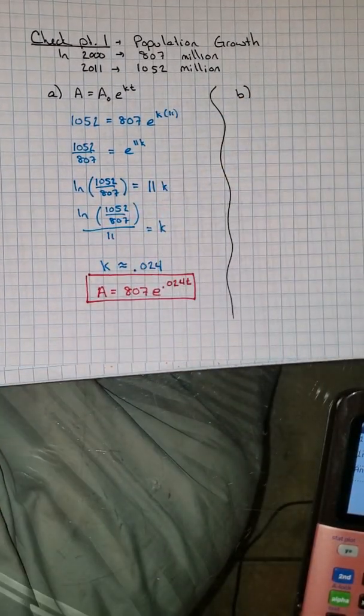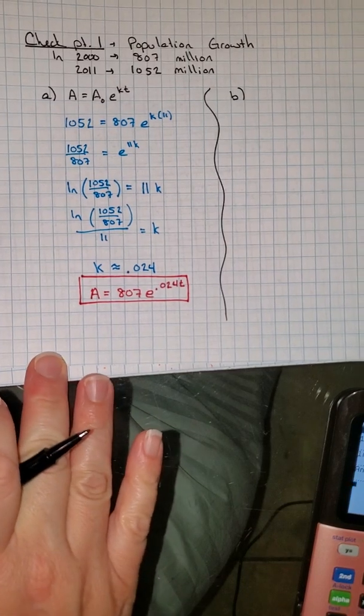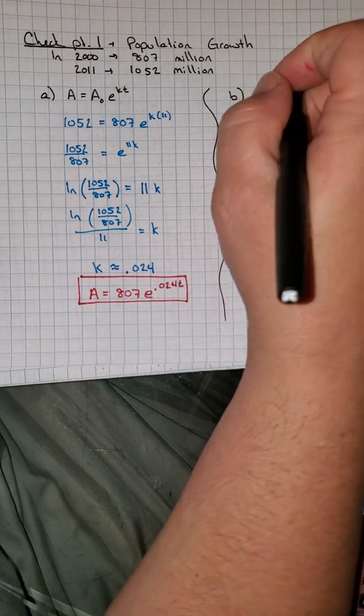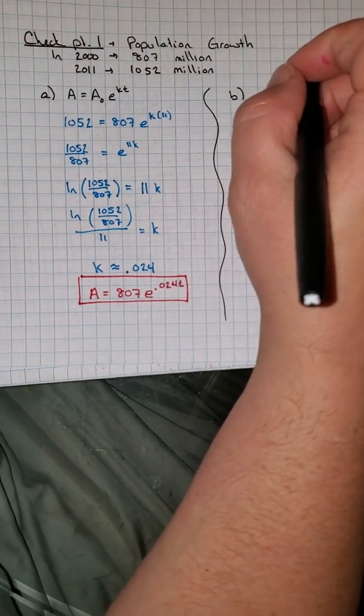For B, it says, by which year will Africa's population reach 2,000 million, or 2 billion?